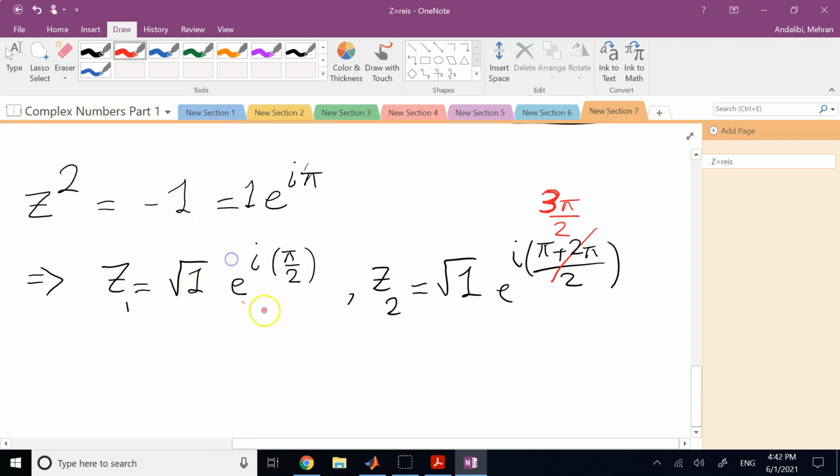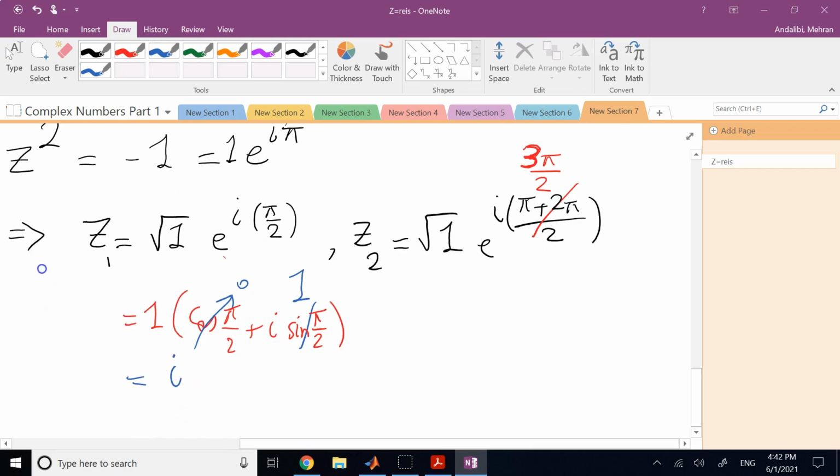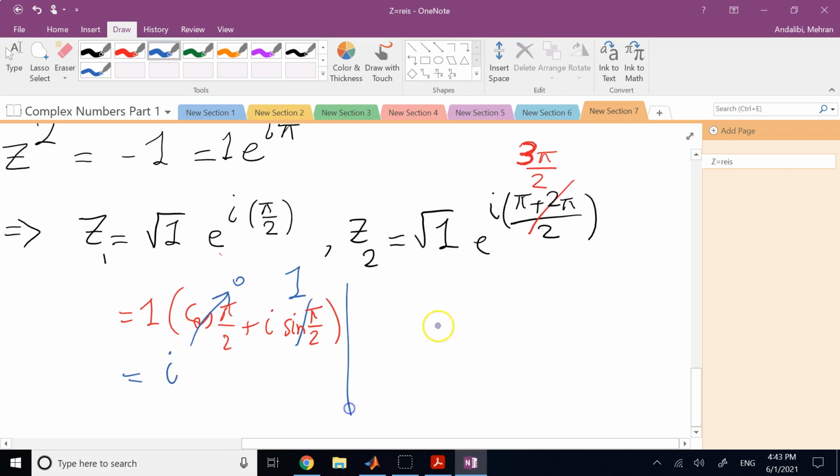And what is e to the I pi over 2? Well, e to the I pi over 2 is cosine of pi over 2 plus I times sine of pi over 2. Cosine of pi over 2 is 0, sine of it is 1, so it is going to be I. That's what I expected. What about this?